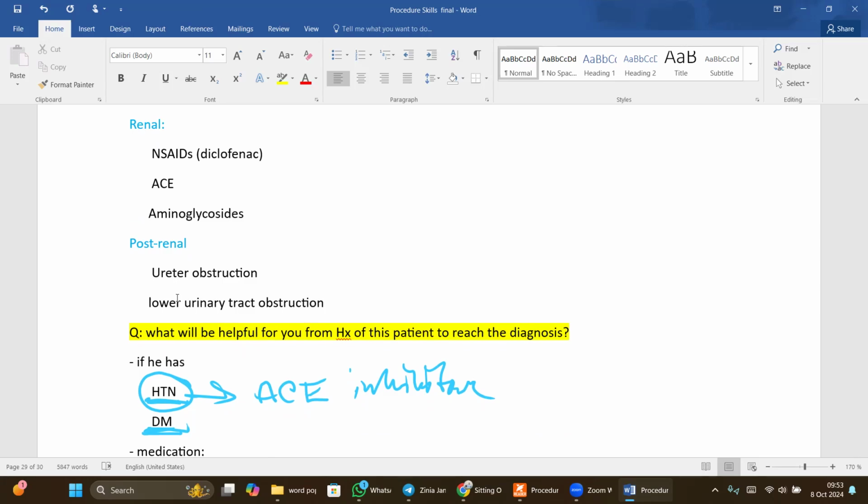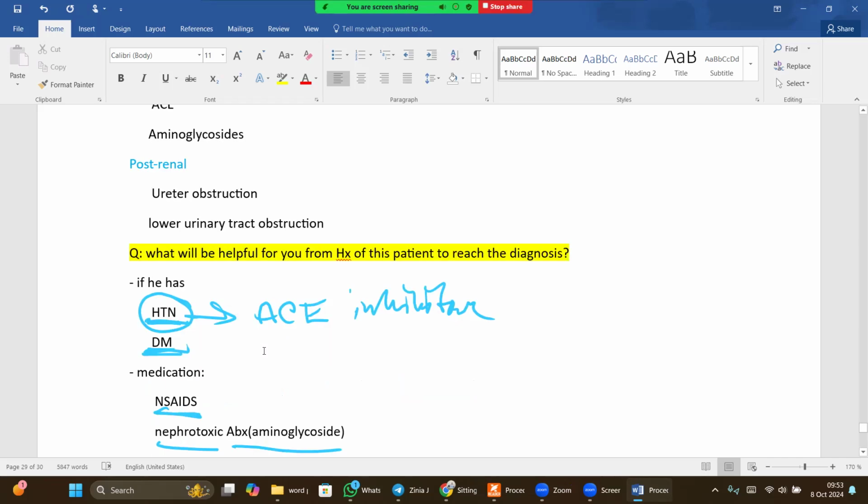What will be helpful for you from the history of this patient to reach the diagnosis? Any history of hypertension, because the patient might be taking an ACE inhibitor, or any diabetes mellitus.